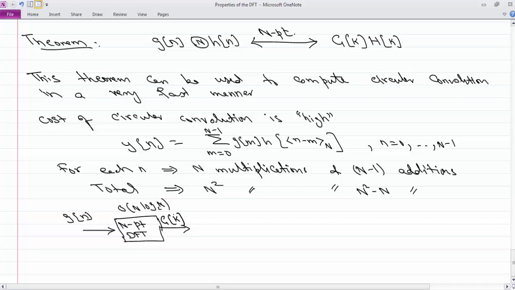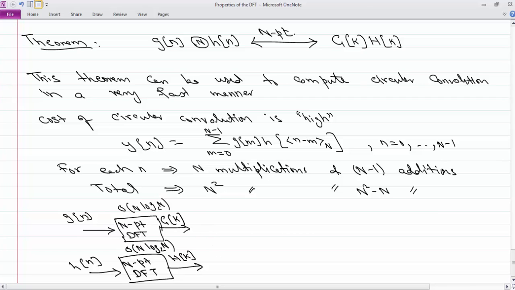Now, why can I compute DFT in such a fast manner? DFT can be computed using FFT, which is an algorithm, and using that algorithm, we can compute it in a very fast fashion. Then similarly, I can take my sequence h[n], I can compute its n-point DFT to get H[k], right? And the cost of that is also order n log n to the base 2.